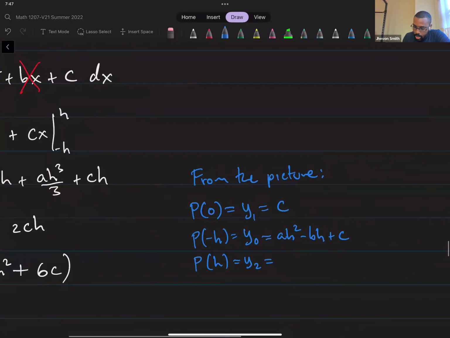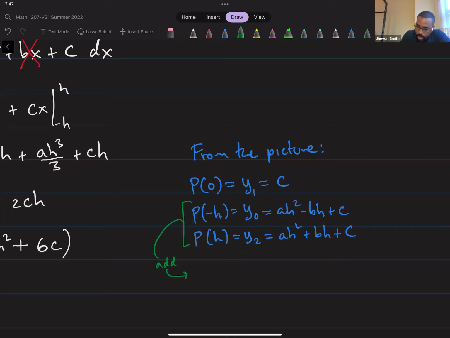But if I plug in positive h into the parabola, I get ah squared plus bh plus c. Now, if I take these two and I add them, I get that y0 plus y2 is going to be equal to 2ah squared plus 2c.